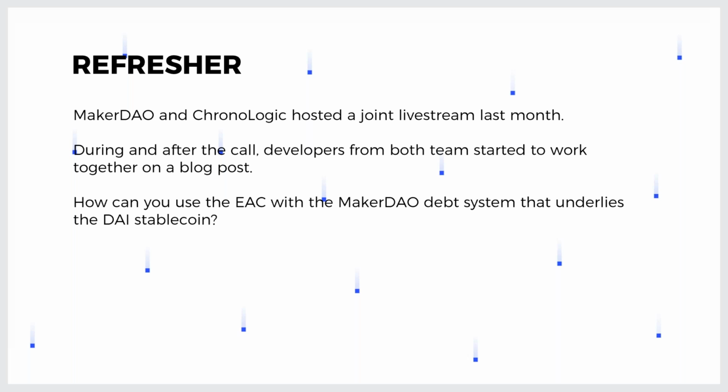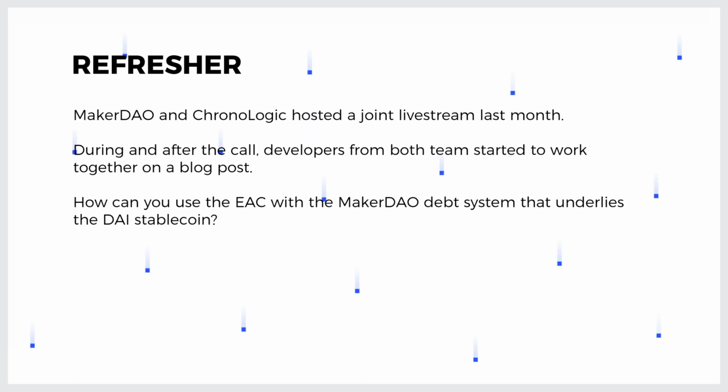So the MakerDAO CDP is the collateralized debt position, and it's what makes the DAI stablecoin collateralized in the system, and it's one of the key pieces to the whole DAI system.